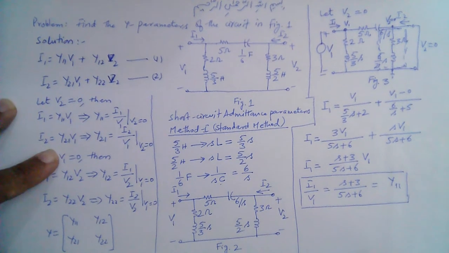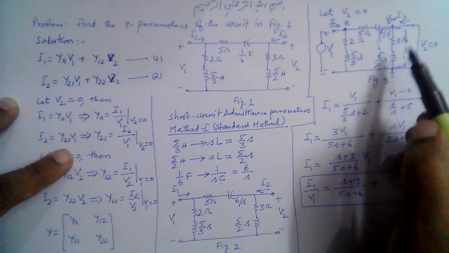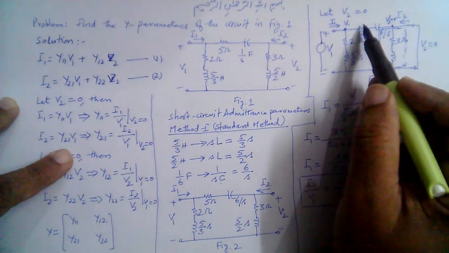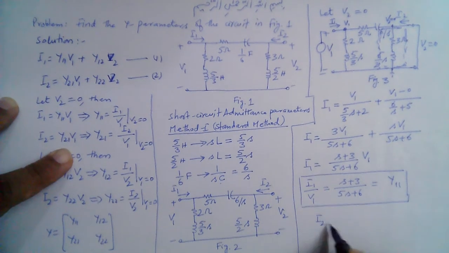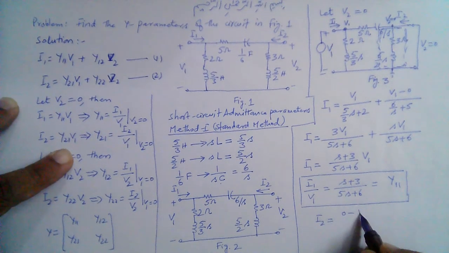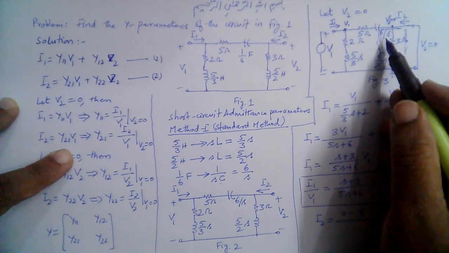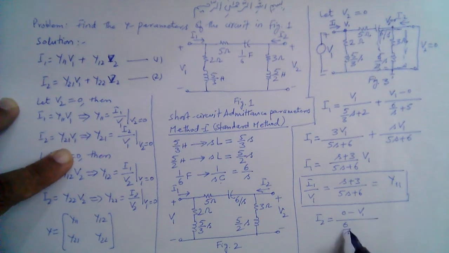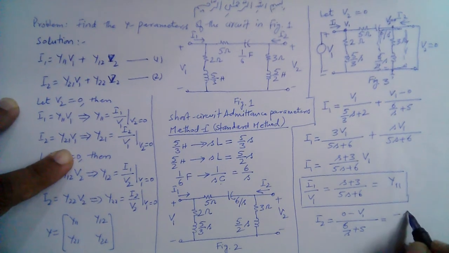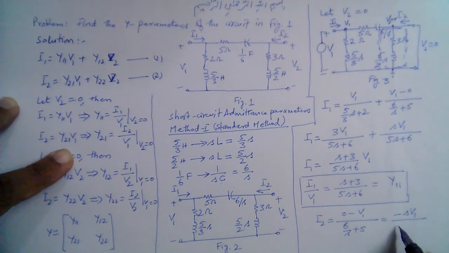So we have found one parameter from this figure, right? So similarly we can write an equation for I2 also. The current I2 flowing from here in this direction is given by 0 minus V1 divided by 6 over s plus 5. So that is minus sV1 divided by 5s plus 6.